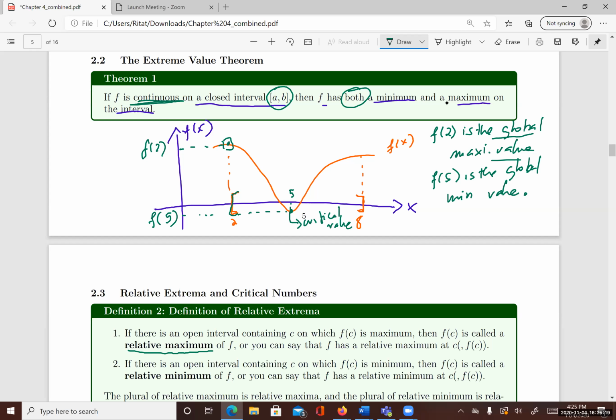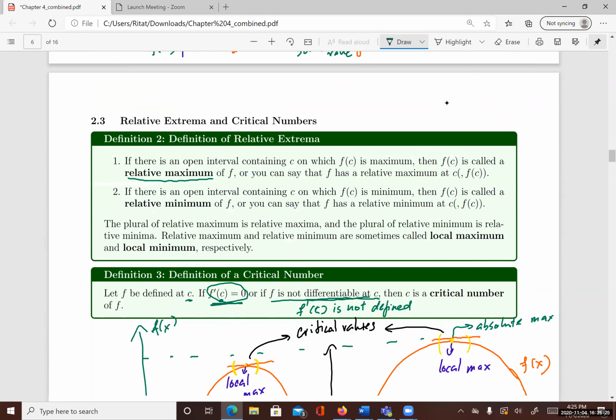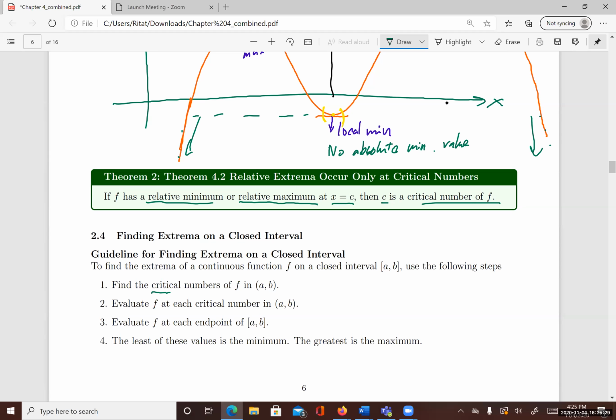So in order to locate the two absolute extrema, we need to first find critical values of function f on a to b, and it can be just the open interval a and b.